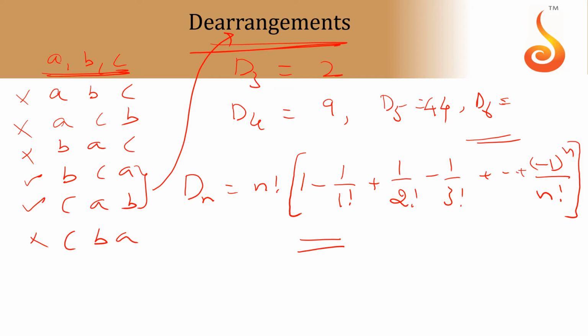So when 6 letters are to be kept in 6 addressed envelopes, all will go wrong in these ways. Means in that first letter may go in second or third or fourth or fifth or sixth. It won't go into first place. So there will be 5 possibilities for first letter to go. In that, 5 means it is having equal chance.